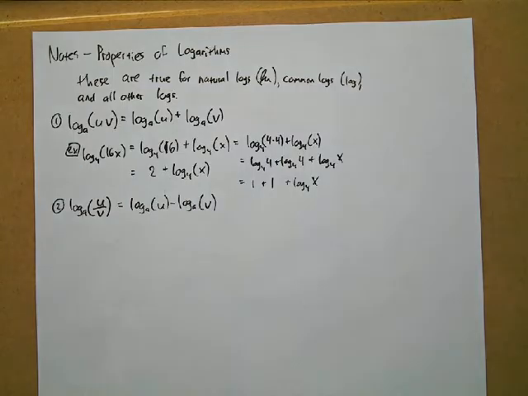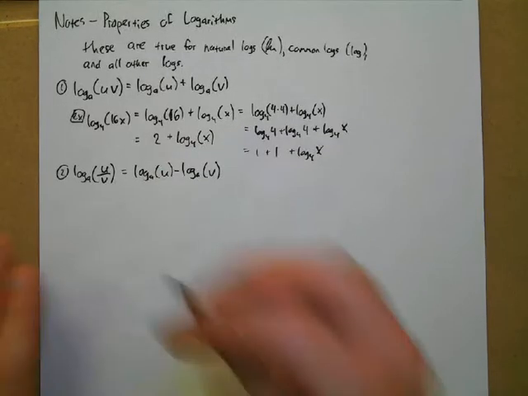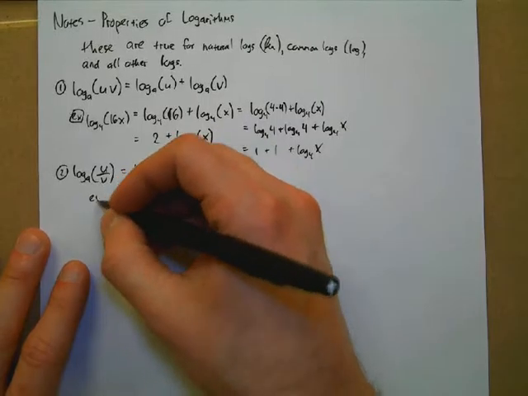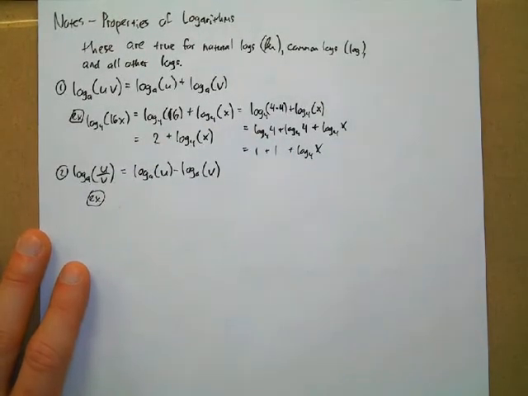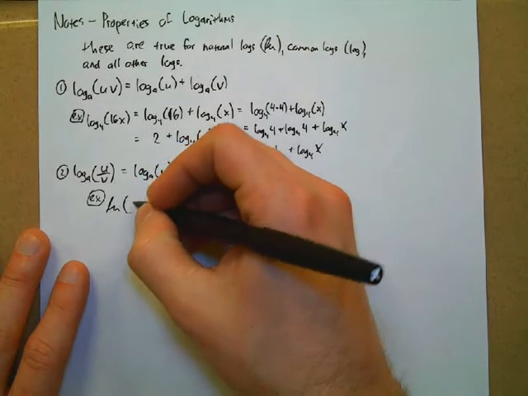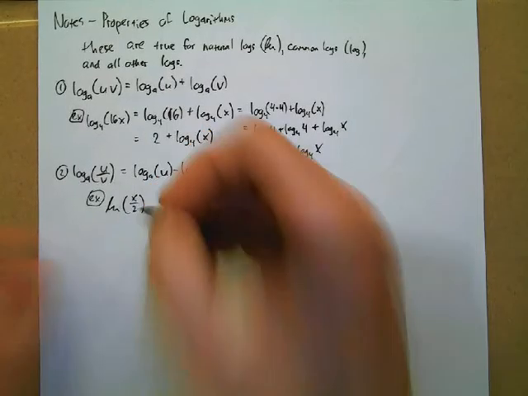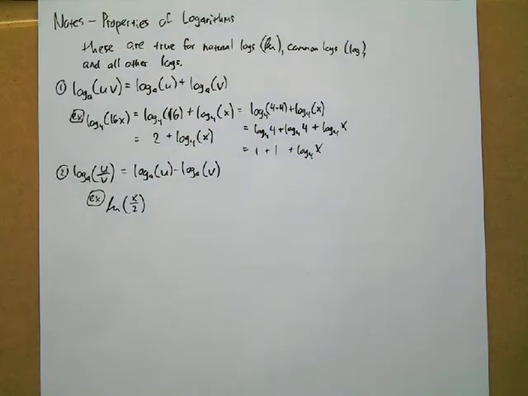Okay. And so again, we can do a little example here. We can do, I don't know, the natural log of x over 2. That's just going to equal natural log of x minus the natural log of 2.